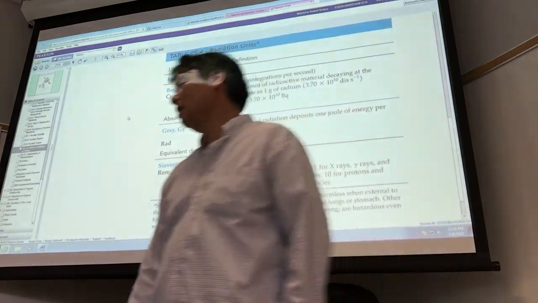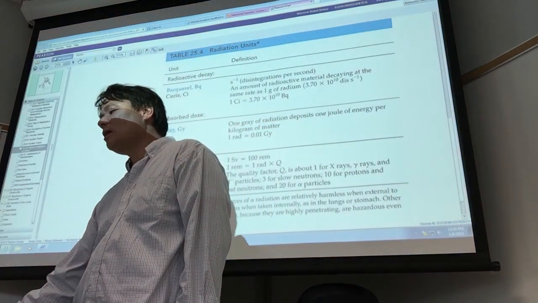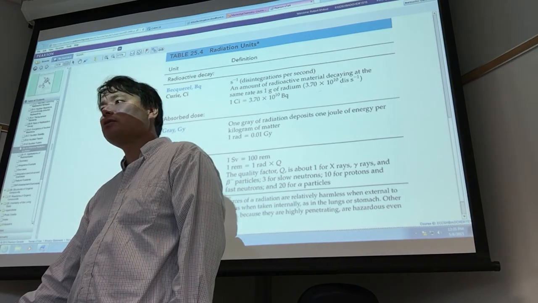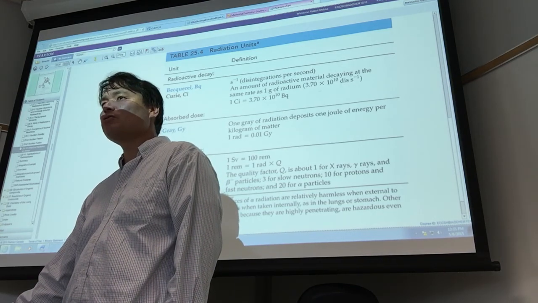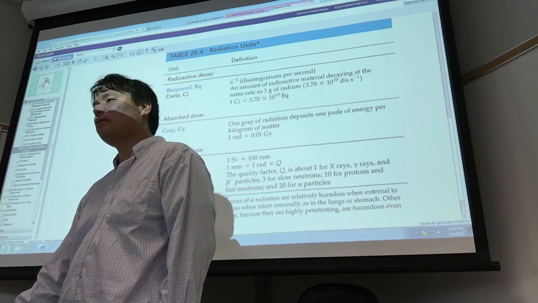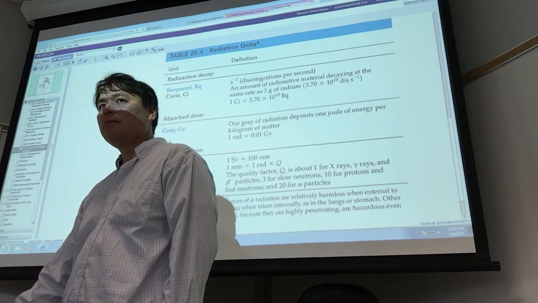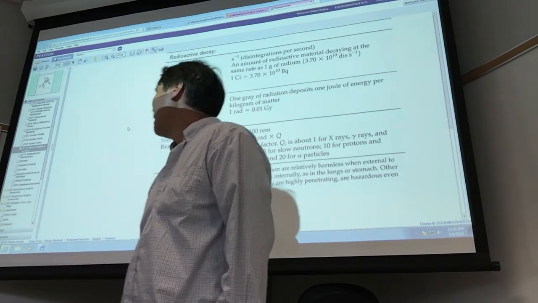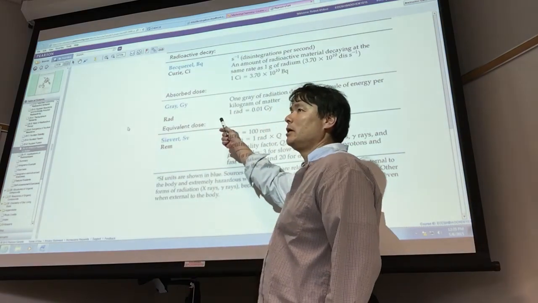So the curie isn't the most useful unless you're only exposed to one type of radiation. If you're exposed to multiple types of radiation, then you'd want to know how many curies of gamma rays versus how many curies of X-rays you're exposed to, because they have different amounts of energy. They pack a different amount of punch.